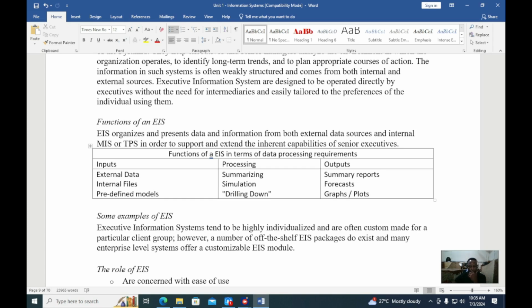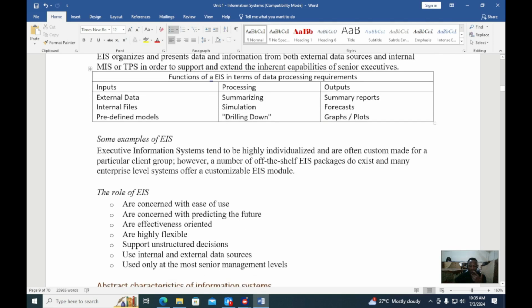We can't have a concrete example in this term, but we have a number of off-the-shelf executive information system packages that also exist for many other enterprises that people can get and customize.